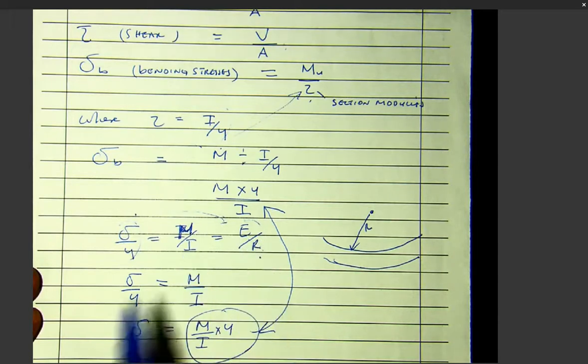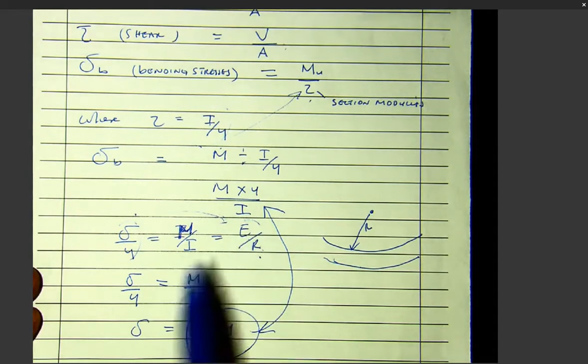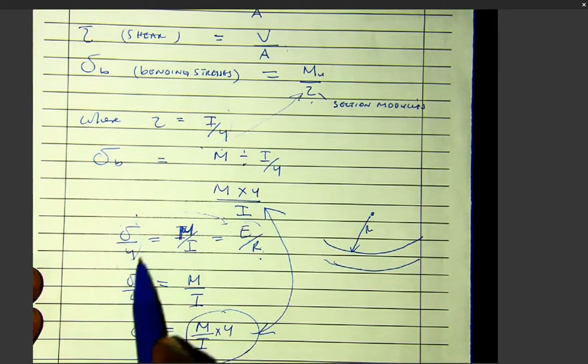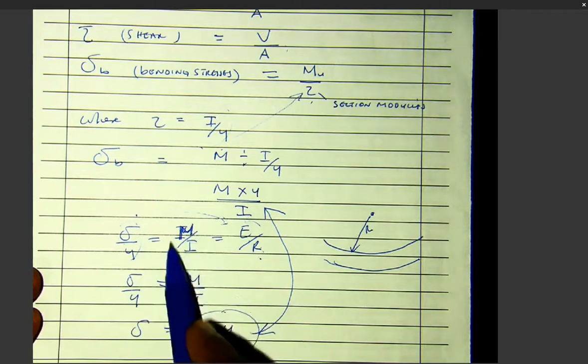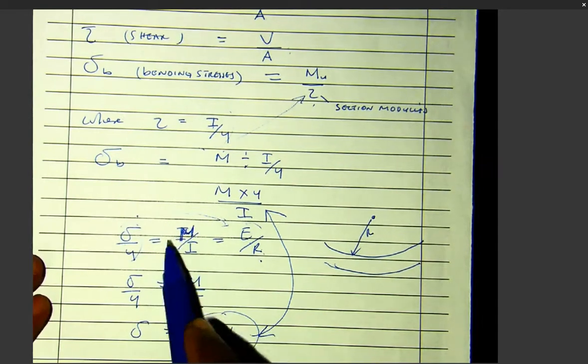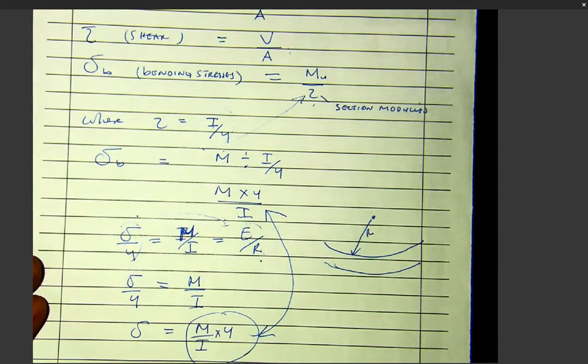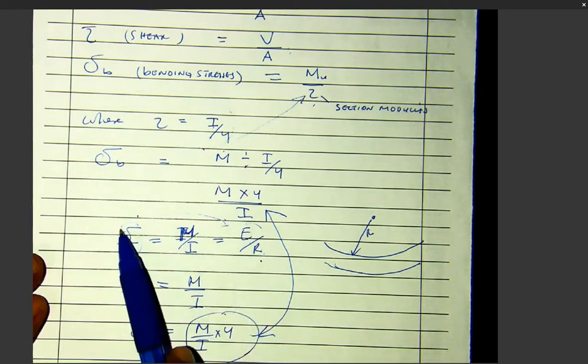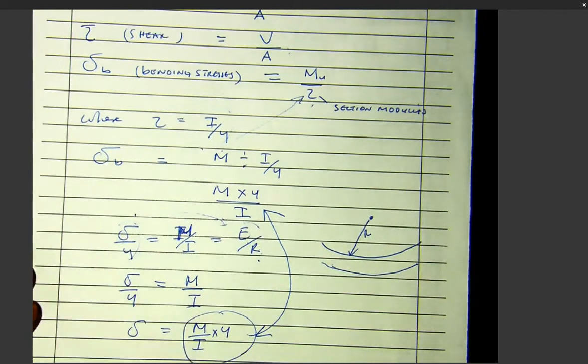If you're asked to calculate the Young's modulus, it depends on what information you're given, so you can equate the last equation with the second one or the first one, depending on the information given to you.